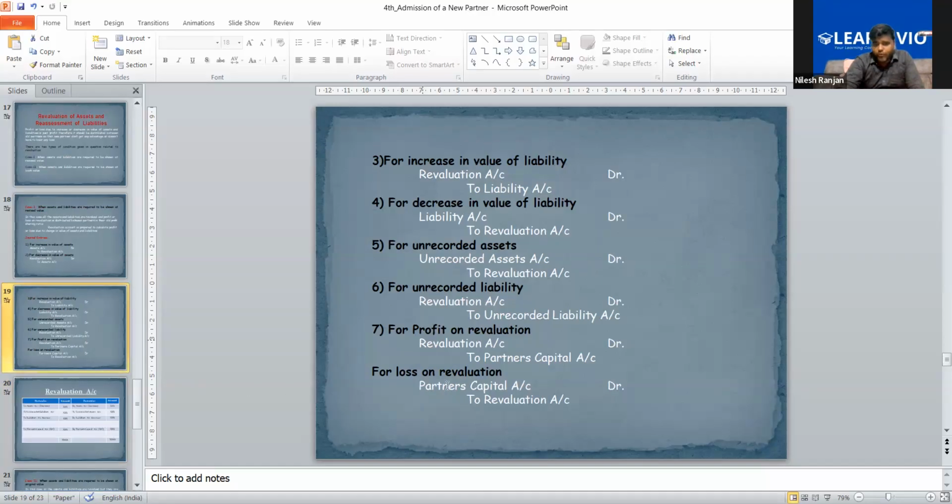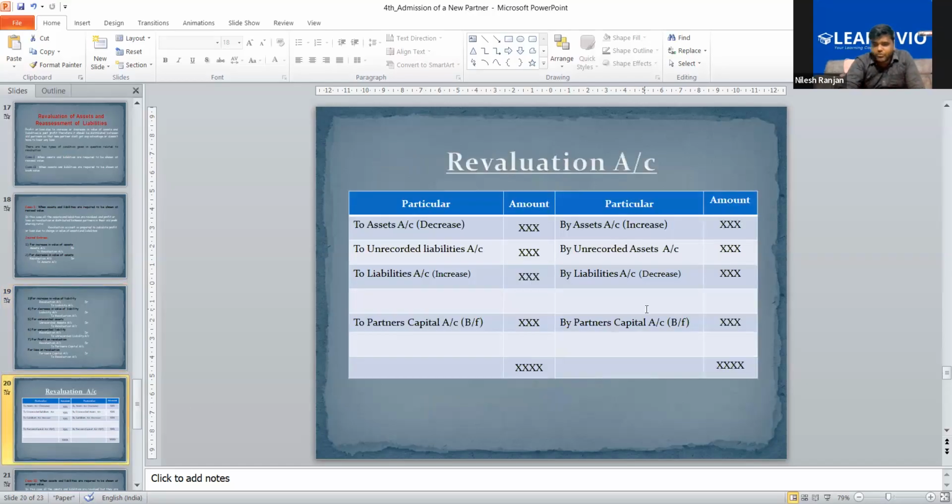Now, this profit or loss we have calculated will be distributed in old profit sharing ratio between existing partners only, not the new partner. The format is also the same. So journal entries and format are the same. Only case 2 is different. Case 1 is same to same. You don't have to do anything different.